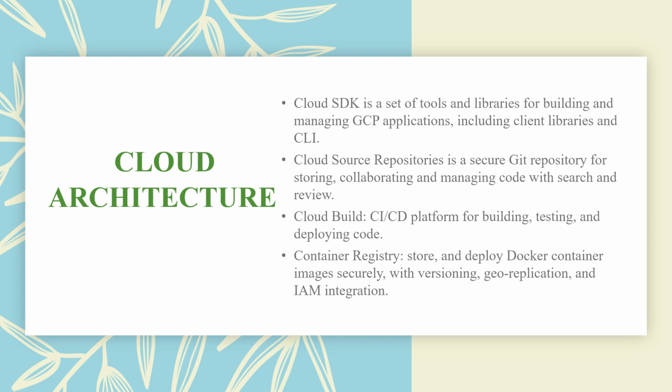Cloud Source Repositories is the secure Git repository for storing, collaborating, and managing code with search and code review. Cloud Build is the CI/CD platform for building, testing, and deploying the code. Container Registry is used to store and deploy Docker container images securely with versioning, geo-replication, and IAM integration.